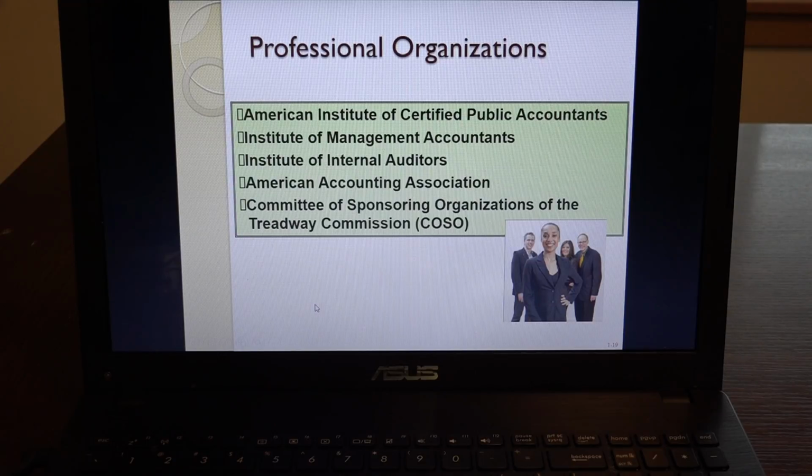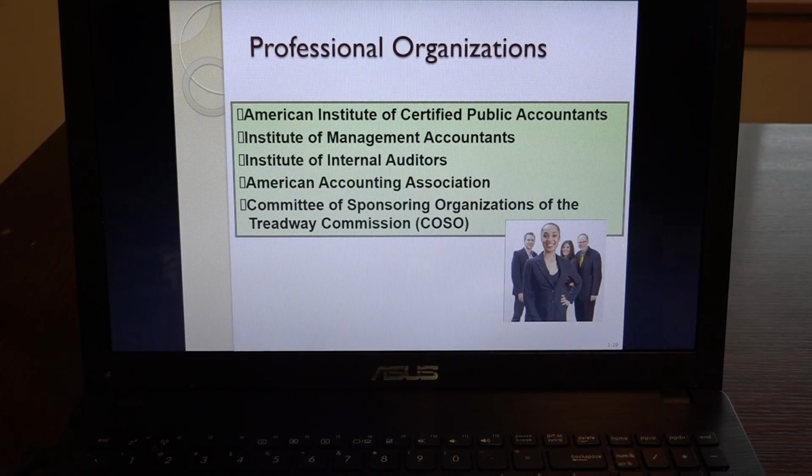The American Accounting Association, mainly that's for educators, but some CPAs are involved with that as well. You have the Committee of Sponsoring Organizations of the Treadway Commission, COSO. The main thing there is the Sarbanes Act on companies having proper internal controls.